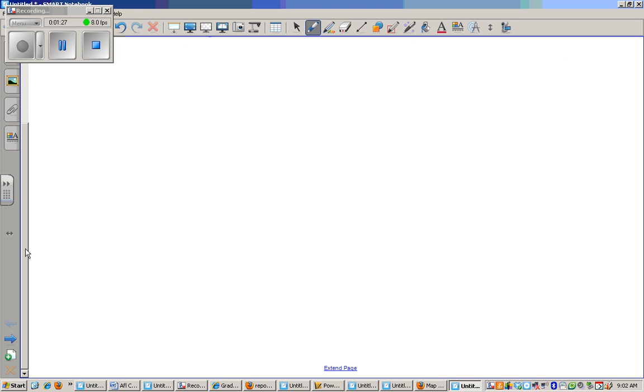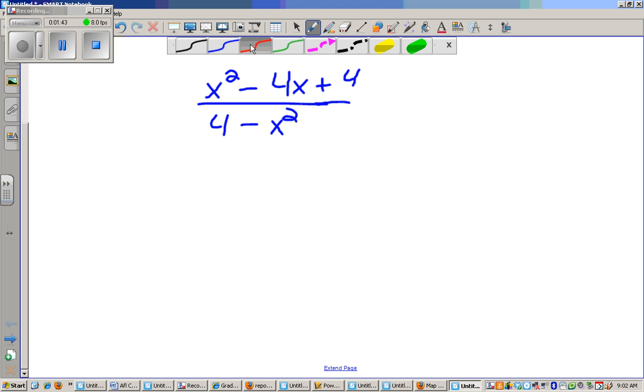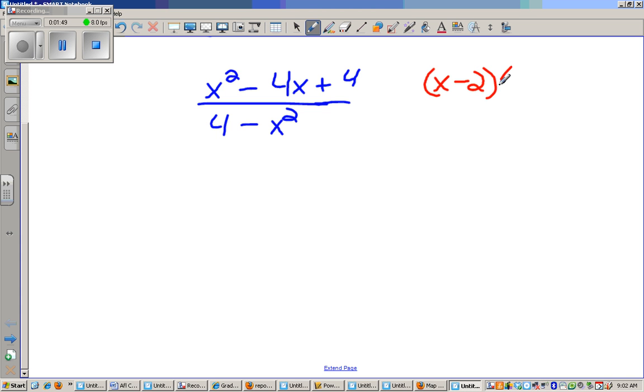So another example would be this type of thing. Again, the idea is to factor first and then reduce. So if we factor the top, you see that we have this.